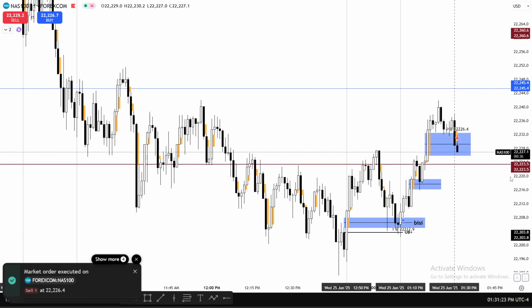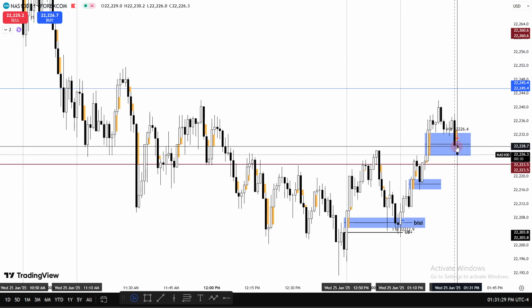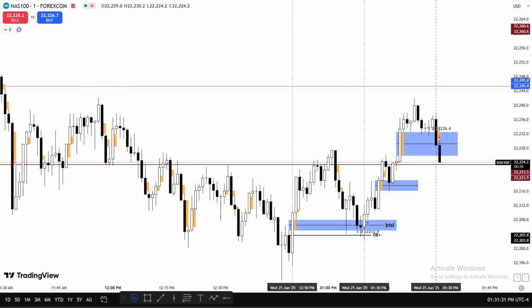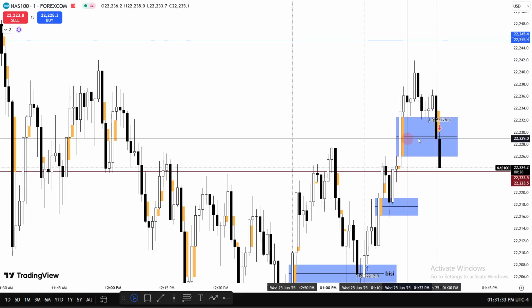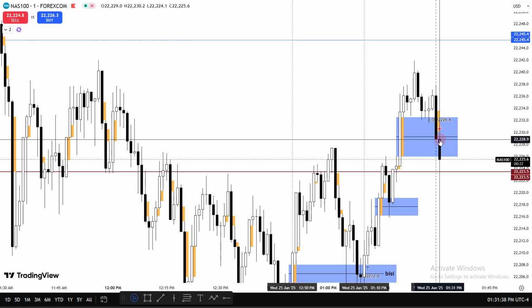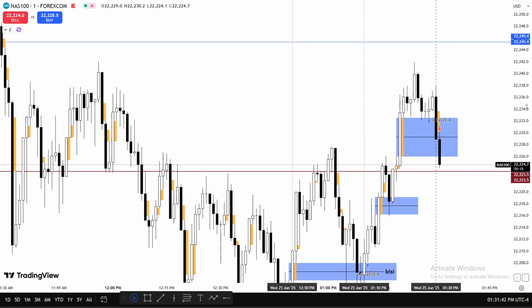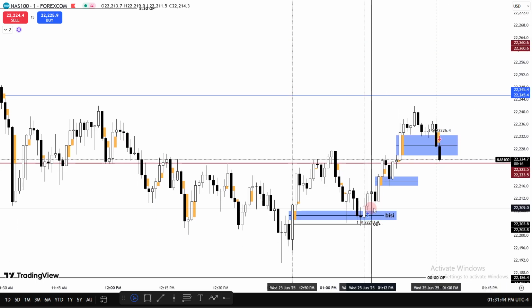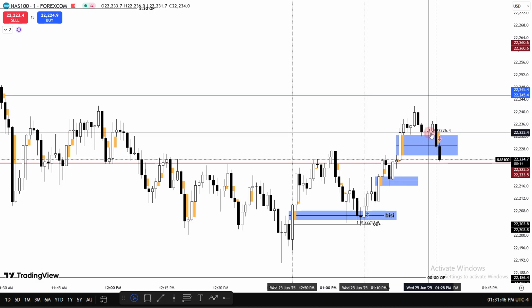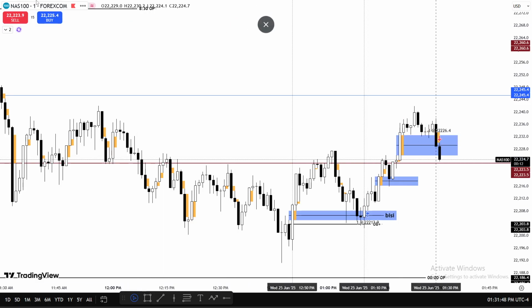My positive stop out was 10 points, but as soon as this candle broke the midpoint of that gap, in the very next candle, a few minutes I waited and wanted to see that, and I exited it. Okay, that was a scalp from this to this, and guys, this is the live market.